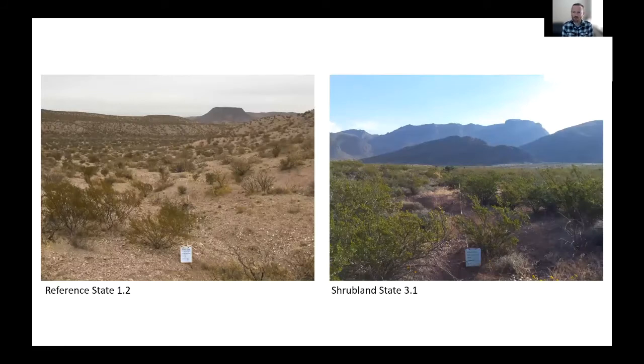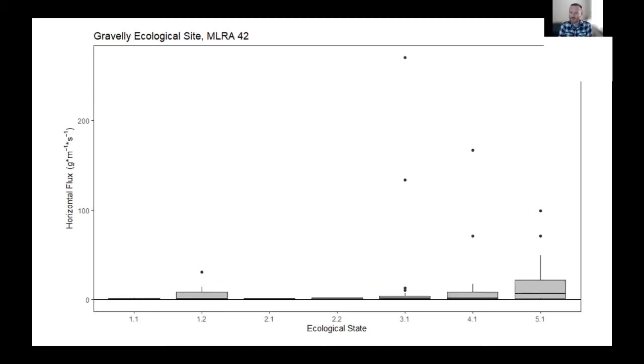Photo validation was done again for the plots associated with this ecological site, and here we see one from the reference state phase 2 and from the shrubland state phase 1. All right, again, we began by exploring the relationship between horizontal flux from the Arrow model and ecological state.